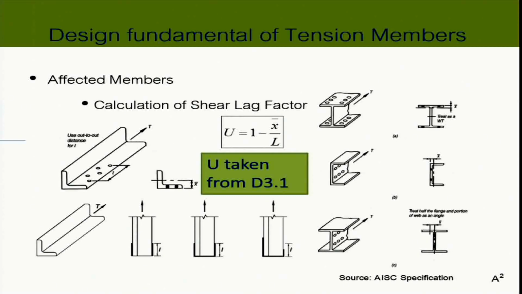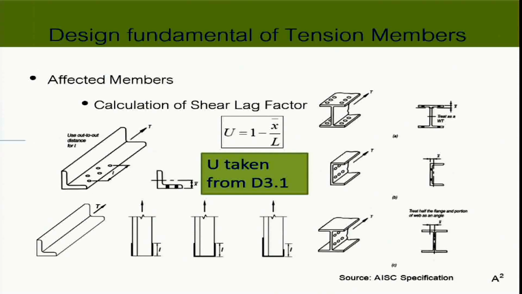If you have a channel like this, and you know the channel is very narrow here, the flange is very short, and it's also tapered. So to connect the flange here is very difficult. So we tend not to do it. So if you want to splice the channel, you only want to do it at the web.